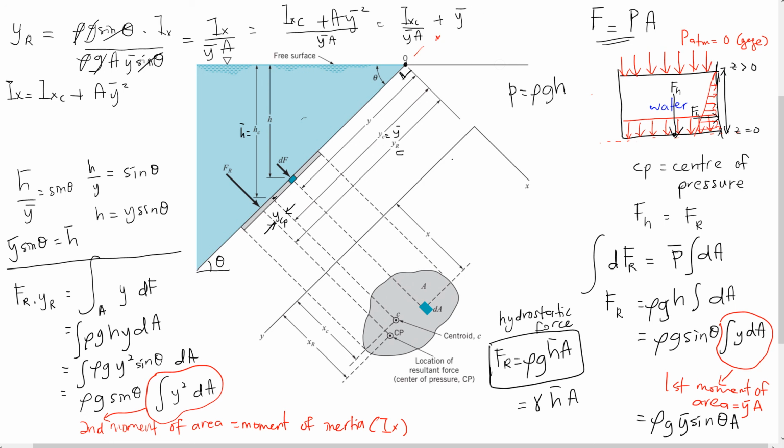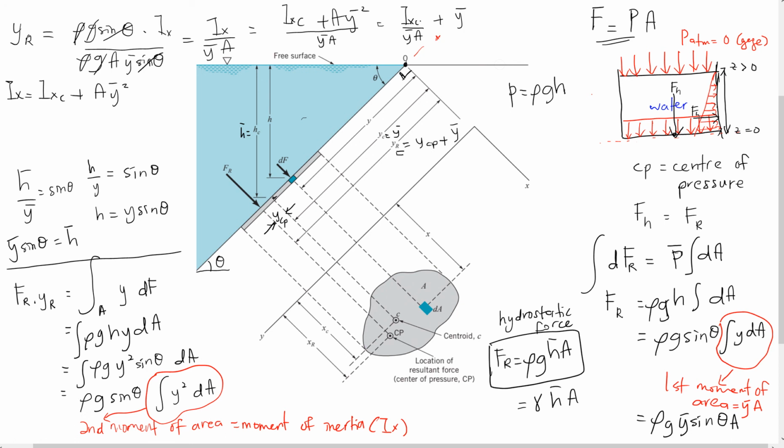If you can see here, YR is basically Y bar plus YCP. So it looks similar here.